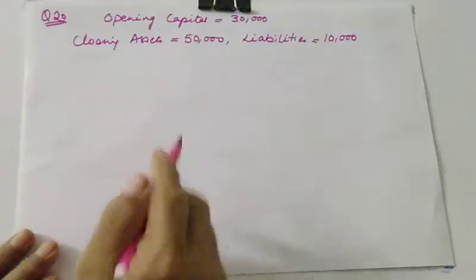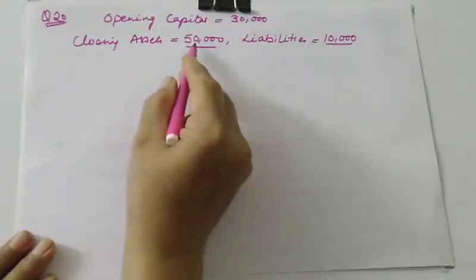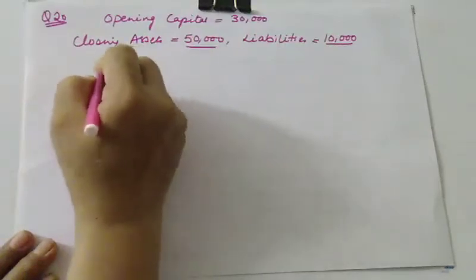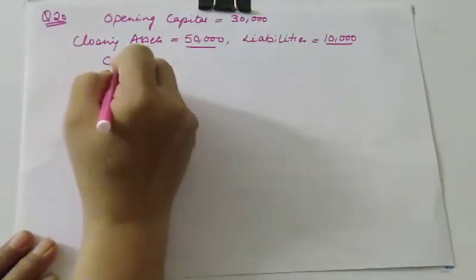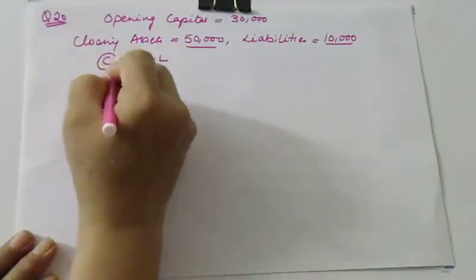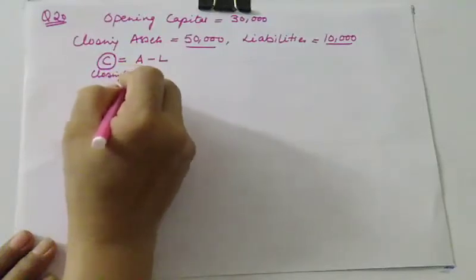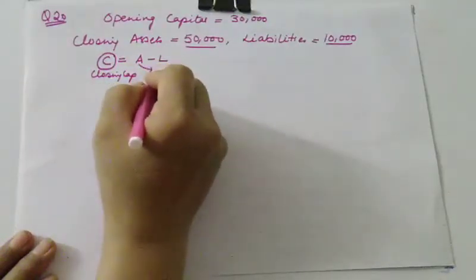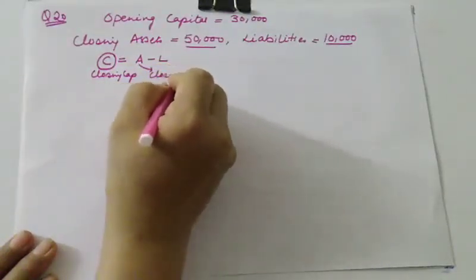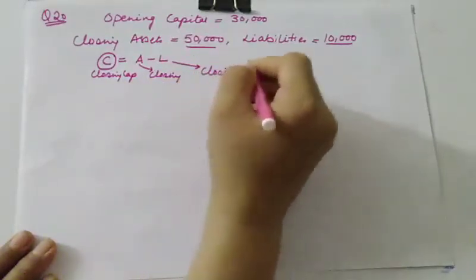So you know that by applying the accounting equation, we'll be able to calculate closing capital. So our equation is C is equal to A minus L, because we need to calculate capital. And which capital? It is closing capital. So we'll be using all the details of closing assets and closing liabilities.